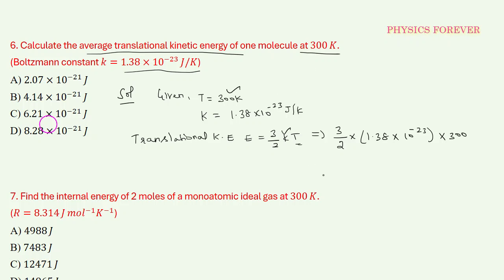Just substitute and multiply: 1.38 × 300 gives 4.14 × 10^-23. Then 3/2 × 414 × 10^-23 gives the answer 6.21 × 10^-21 joule. So option C is correct.